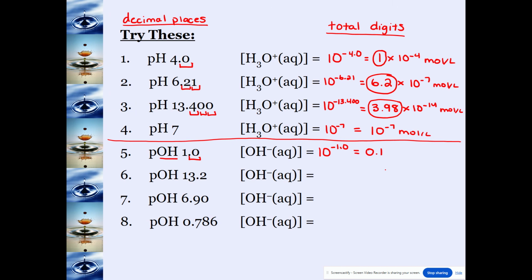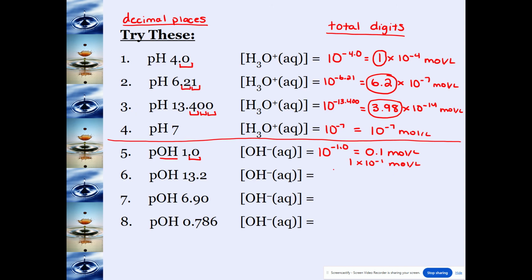You can put it in scientific notation, but it's just 0.1 mole per liter. In scientific notation, that would be 1 times 10 to the negative 1 mole per liter. So a lot of times it's in scientific notation because the numbers are really small, but sometimes it's not. Either way, we're allowed one total digit. Leading zeros don't count, so that would be my one total digit.